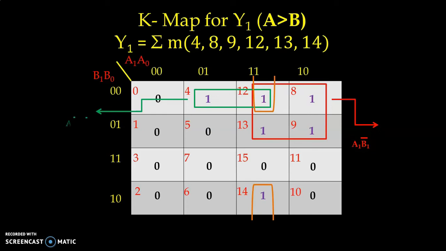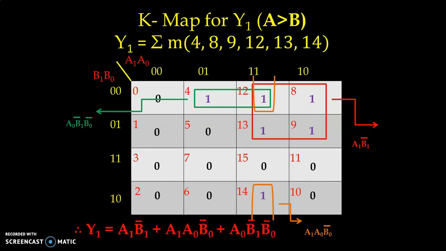For the first pair we can write A0 dot B1 bar dot B0 bar, and for the third pair we can write A1 dot A0 dot B0 bar. And if we write a Boolean function for y1, we have 3 products, and we can take the Boolean function in SOP form, and that is summation of all the 3 products.